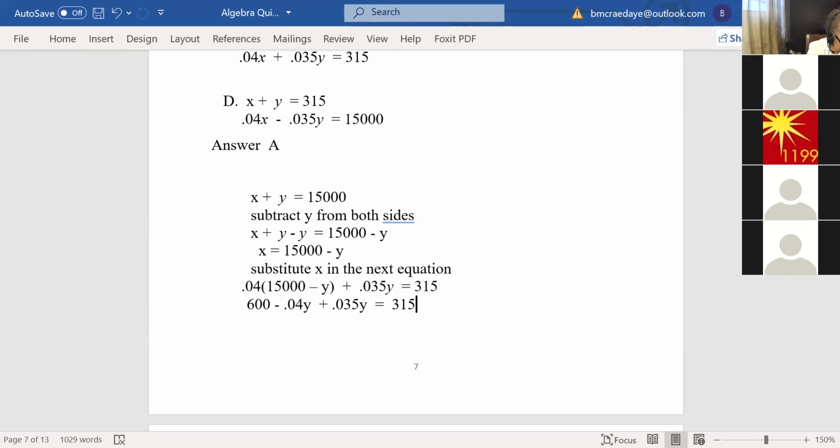Okay, let's check it out. We'll have 600. Add those two together, and what do you get? We know it will be a negative because the 0.04 is the bigger number.